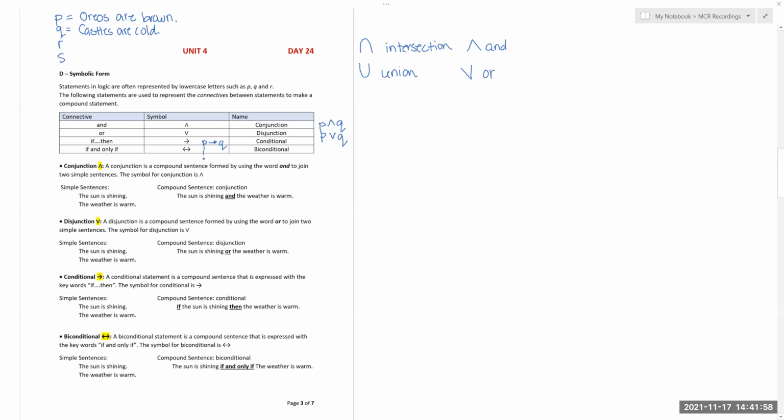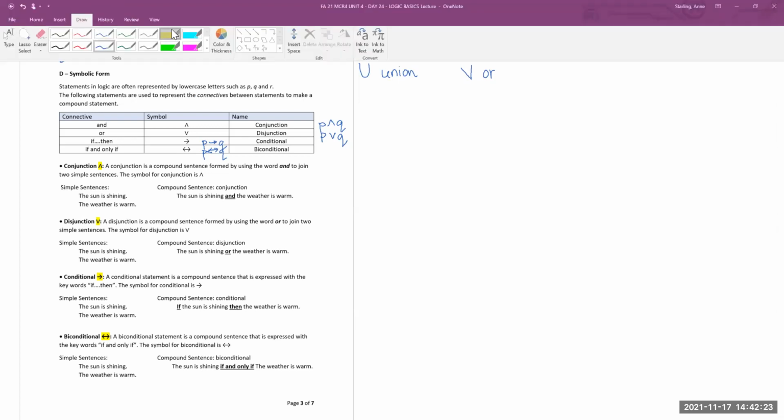But with a biconditional, if and only if you clean your room, then we'll go get ice cream. We'll go get ice cream if and only if you clean your room. So we're not going to go if you don't clean your room. So that's the biconditional or the two-way. So the conditional only goes one way, the biconditional goes both. And then I've got them explained more down here.